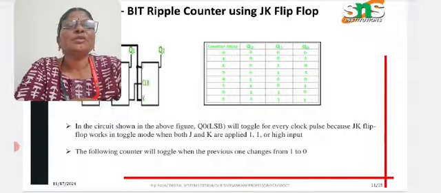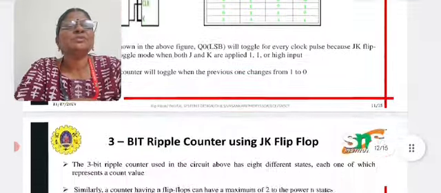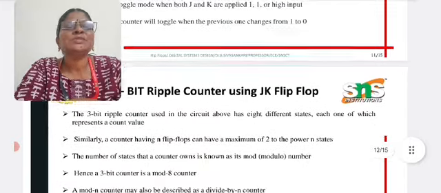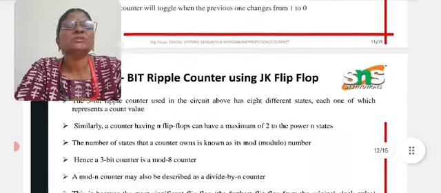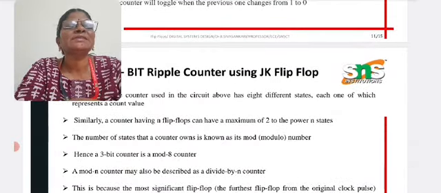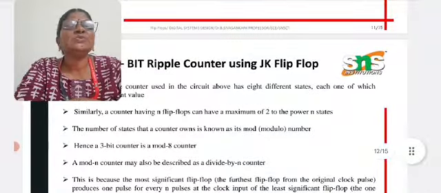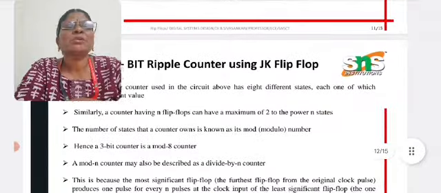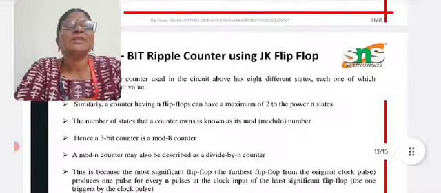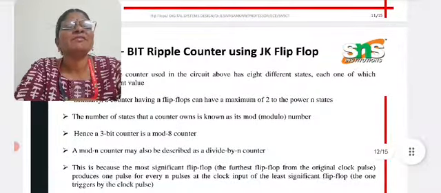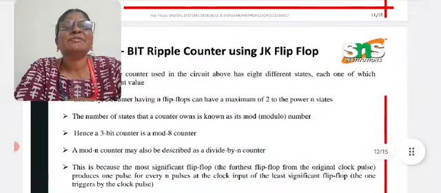The following flip-flop toggles when the previous one changes from 1 to 0. The 3-bit ripple counter used in the circuit has 8 different states, each of which represents a counter value. Similarly, a counter having n flip-flops can have a maximum of 2 to the power n states.